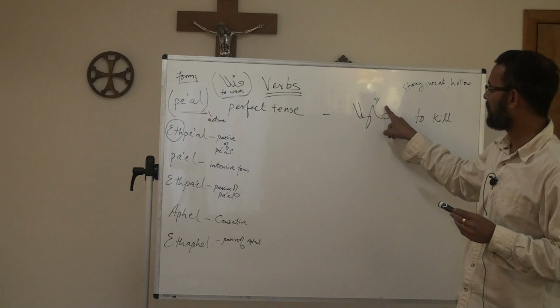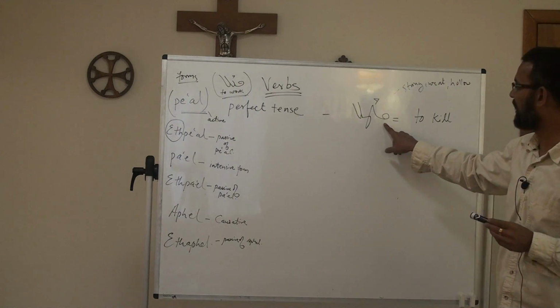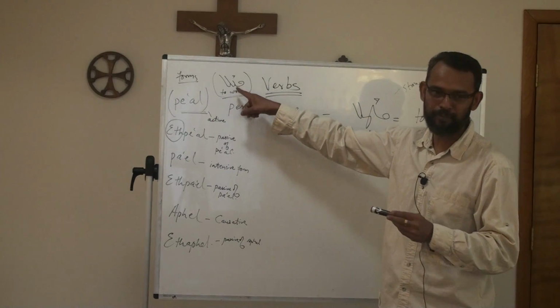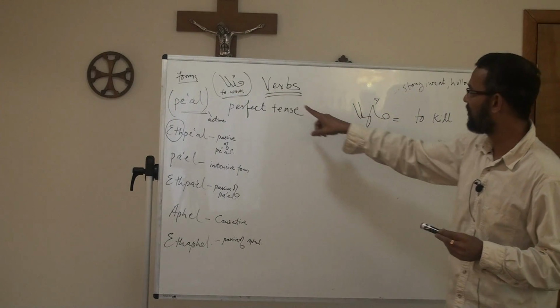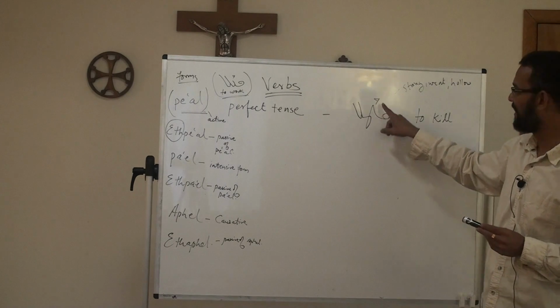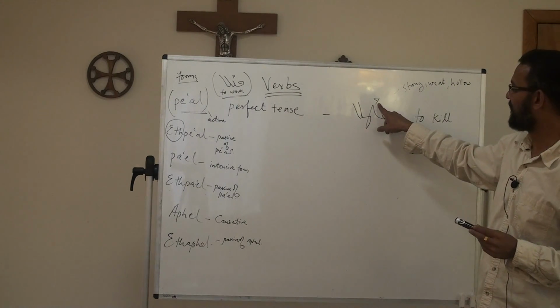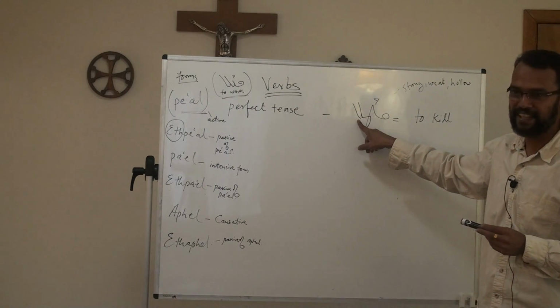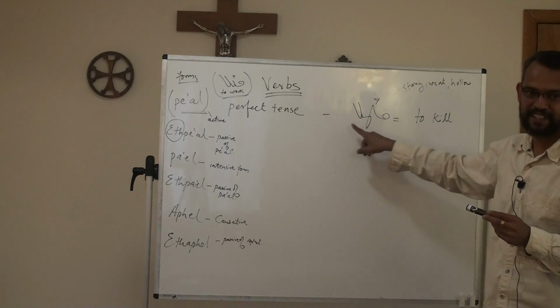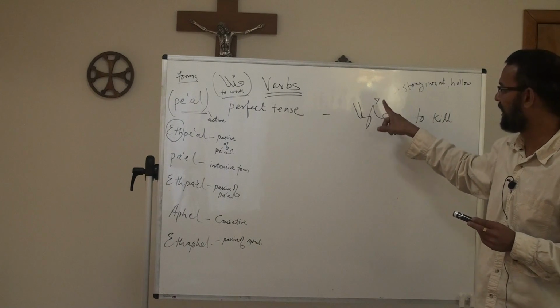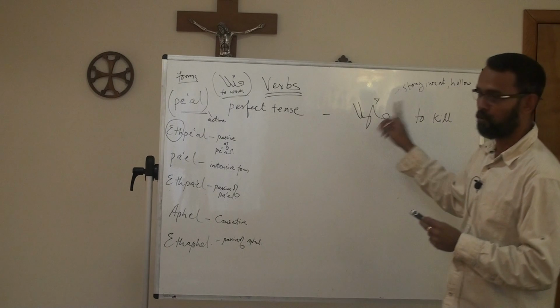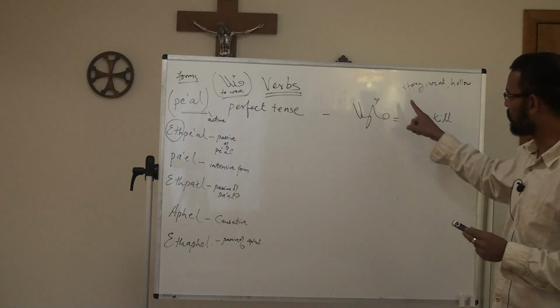Here this ka stands for the pa. This is a root form, pa'al form, a 3-letter form. The second character carries a vowel a. The third one does not carry any. First one and third don't carry, but the middle one carries it. That's why it is known as the peal form. It is a strong verb.